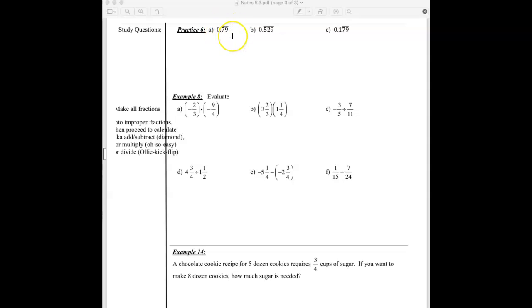Normally, if it was just 0.79, it would be 79/100ths. But the student told me, all you've got to do is, instead of 79/100ths, make it 79/99ths, and you will have now, instead of just 0.79, you will have 0.79797979, which is what that is. So again, all I need to do is figure out, same as the ones above, what decimal place this last digit is in, and then subtract 1 from that.